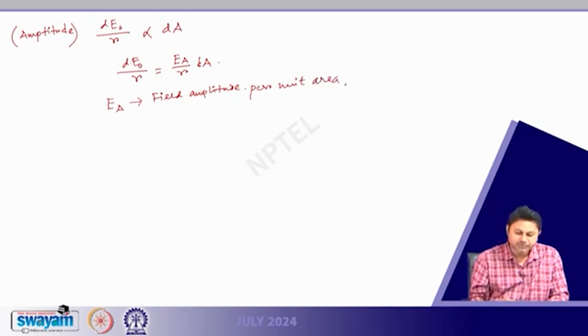If E_A is the field amplitude per unit area, then E_A multiplied by area dA is the field amplitude. So, this is the field amplitude divided by R. In the left hand side also I have amplitude divided by R. So, dimensionally it is fine.